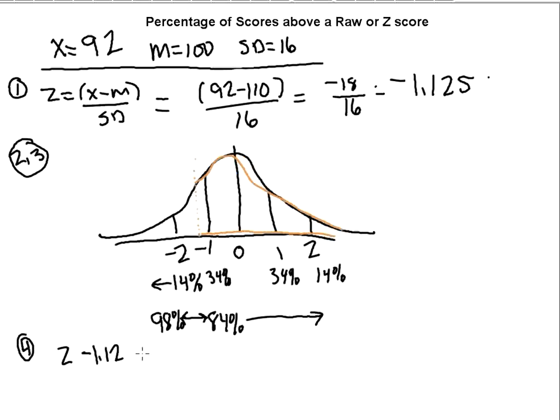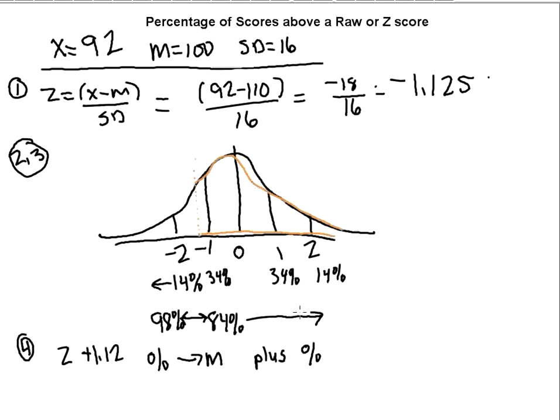For a z-score of positive 1.12, we want to find the percentage to the mean, and then we will add 50. The table tells us the percentage from our dotted line back to the mean, which is this chunk, but we also have to add 50 more percent to account for the whole right side of the curve.